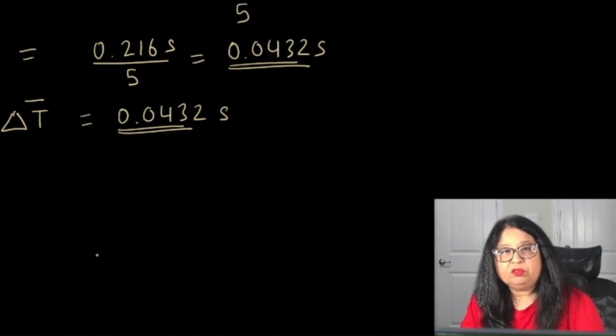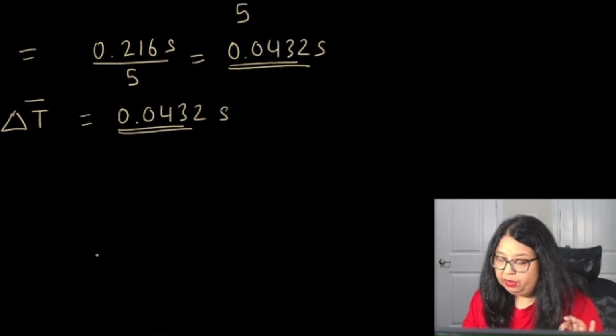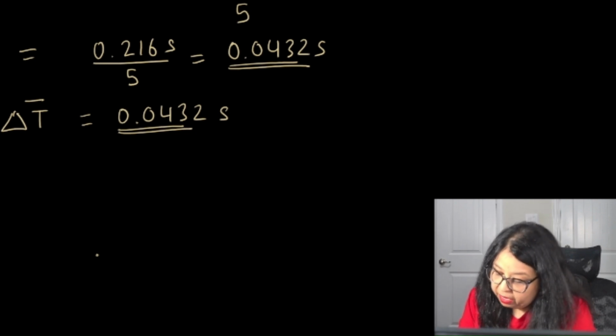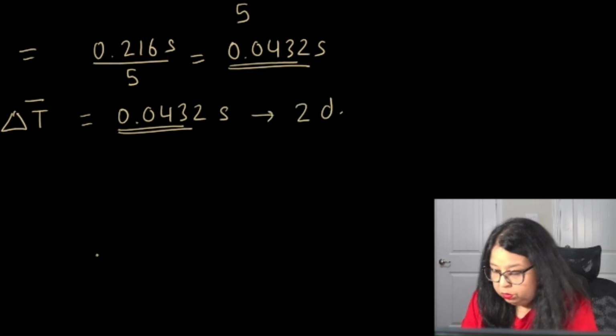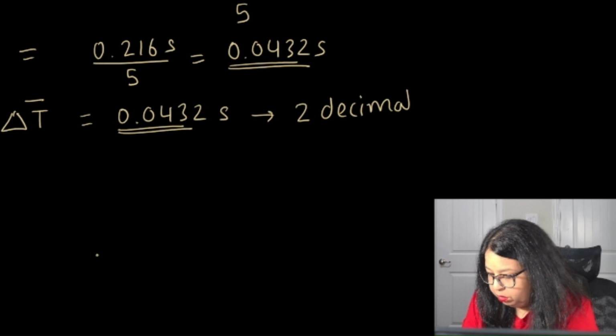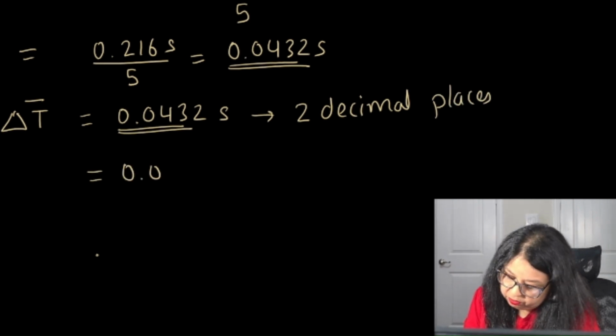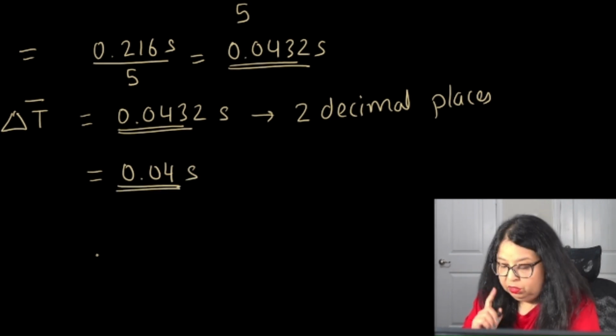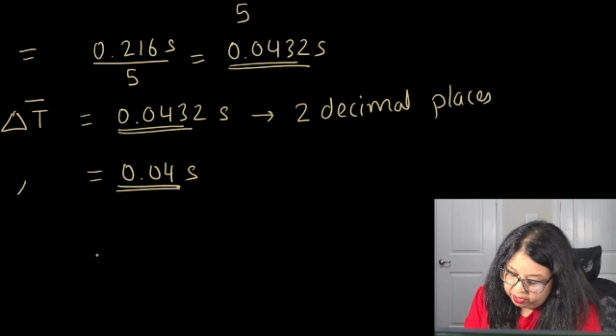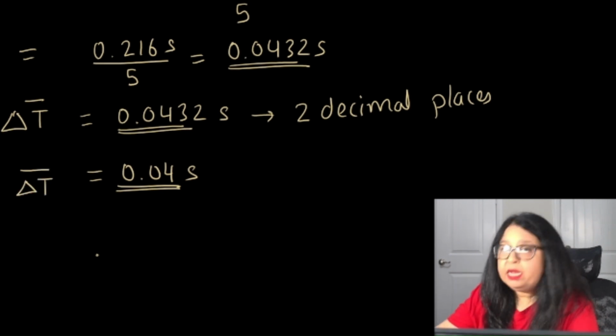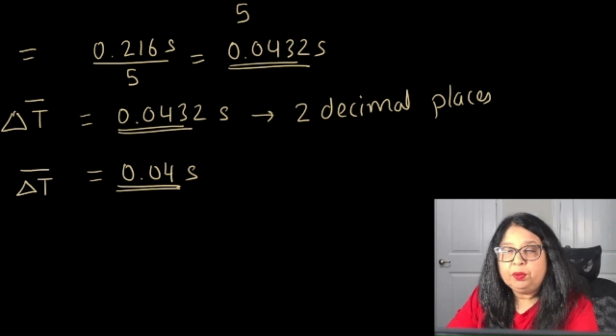So the final answer for the mean absolute error should round off to 2 decimal places. So the answer should be 0.04 seconds. Alright, so this was our part A, delta T bar, mean absolute error in the time period.